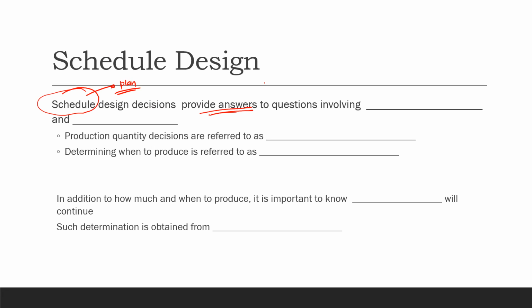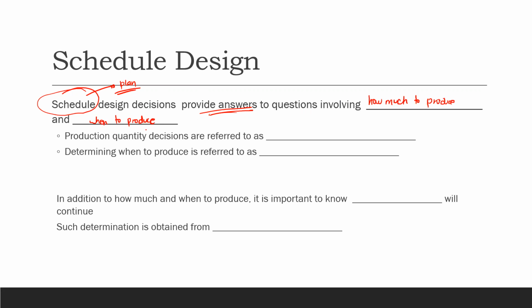So, dito, schedule design, it provides answer to questions involving like how much one has to produce, ayan, and when, or yung timing, when to produce it. Okay? So, tinitingnan natin gaano kadami yung kailangan mong gawin at yung timing ng pagpaproduce sa kanila.